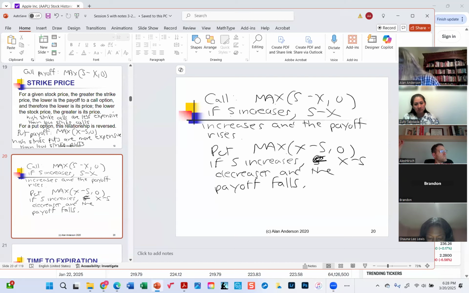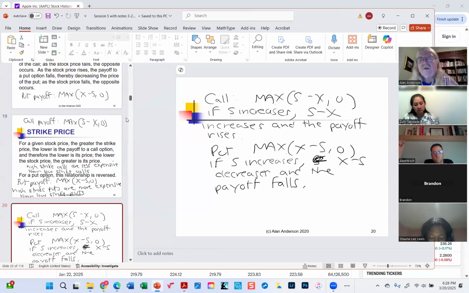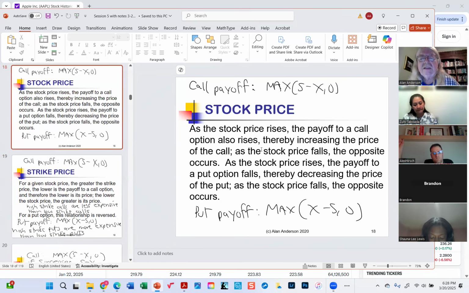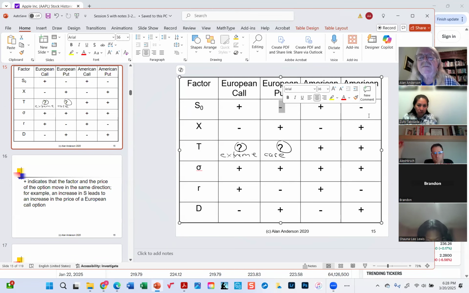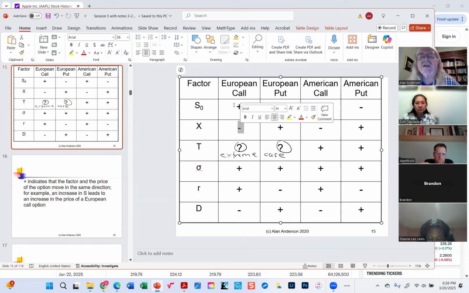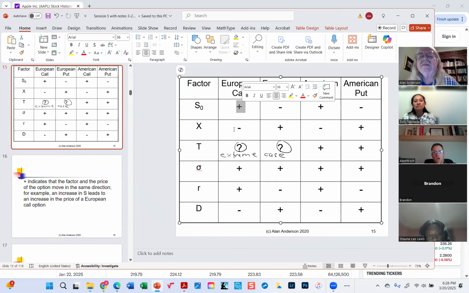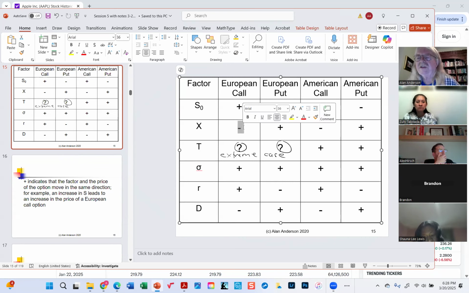Okay, so notice here in a nutshell, just in terms of pure algebra, is why this first row is true in our little table. Here we have a plus, but these are both pluses and these are both minuses. Now, the X's just go in the opposite direction of the S. If S goes up, it's the same thing as the strike going down and vice versa. So that's why these always have the opposite signs.